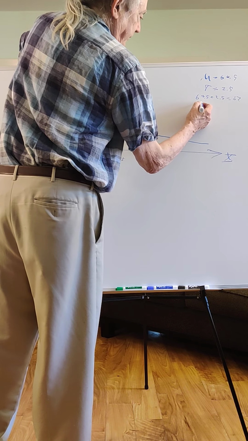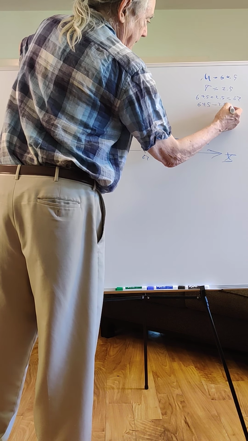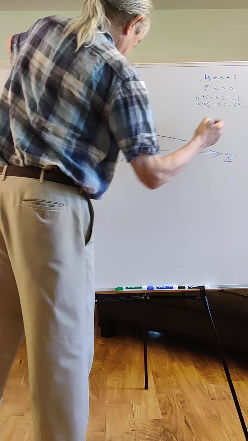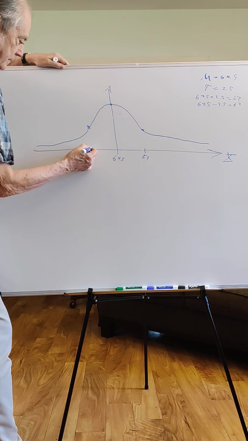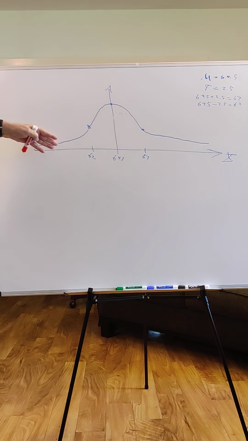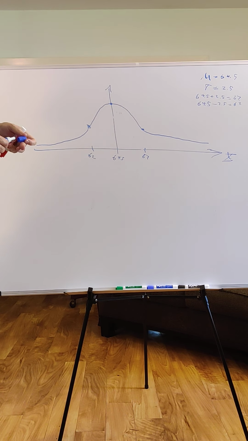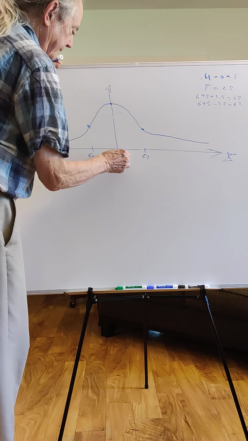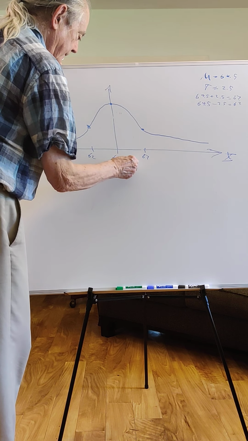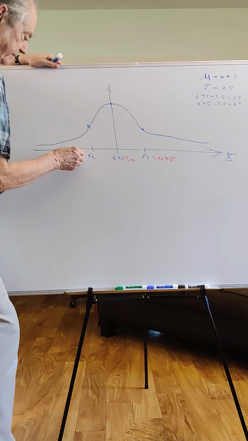And 64.5 minus 2.5 is 62. Okay, so this probability distribution models height of college-age women in inches. Now this is the mean. This is the mean plus a standard deviation. This is the mean minus a standard deviation.